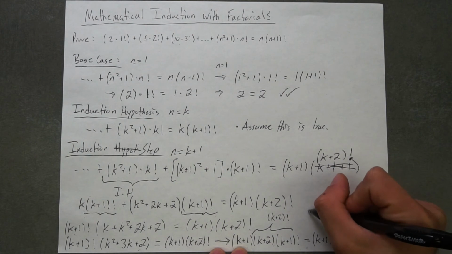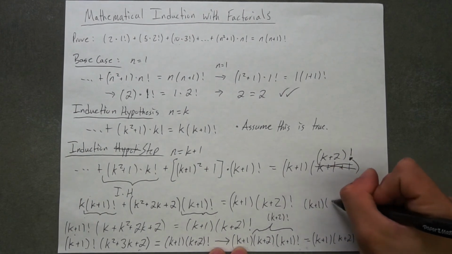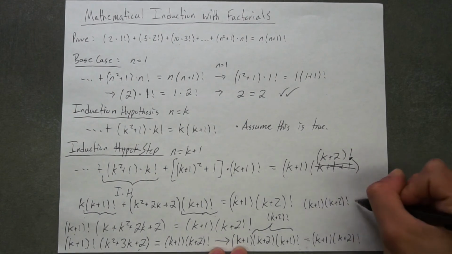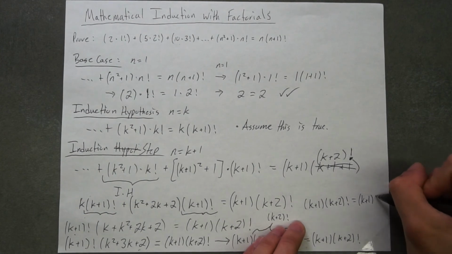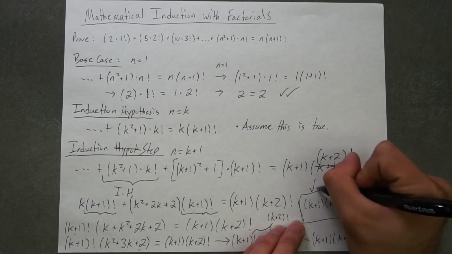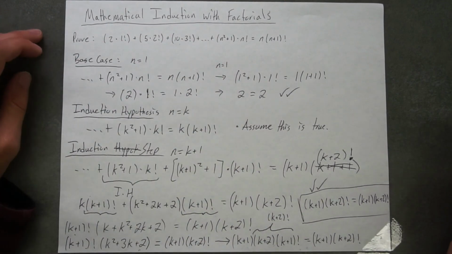So in the end, we have k plus 1 times k plus 2 factorial, which is equal to the right-hand side, k plus 1 times k plus 2 factorial. And we just proved this by induction.